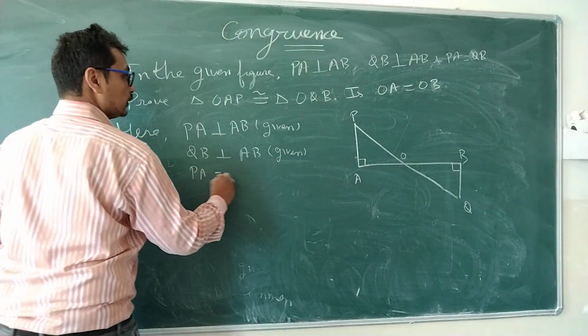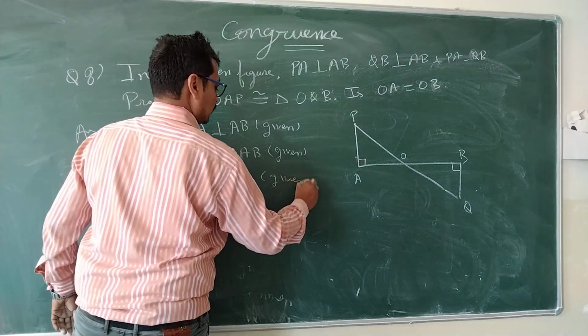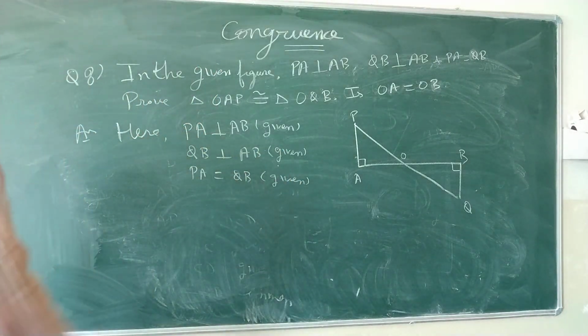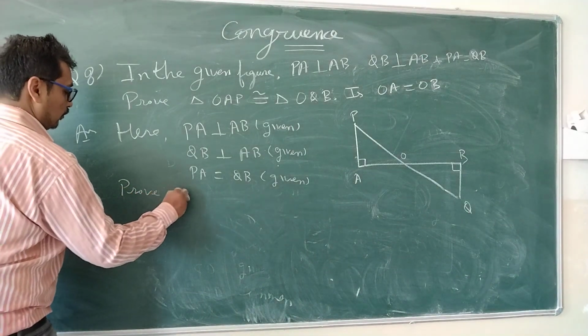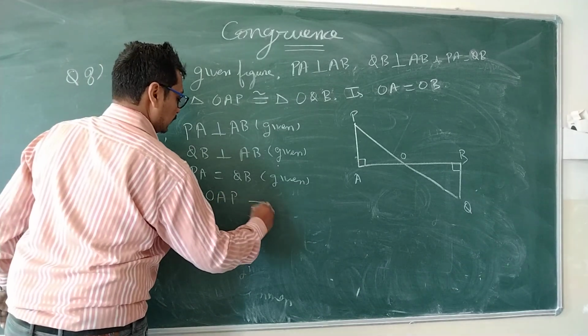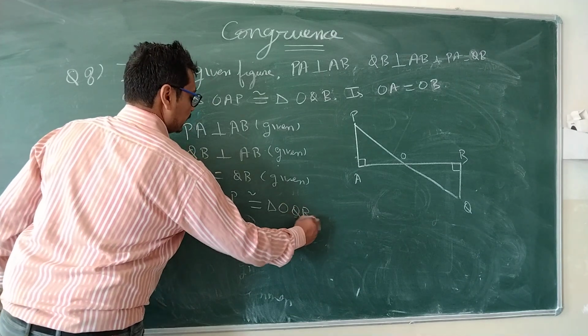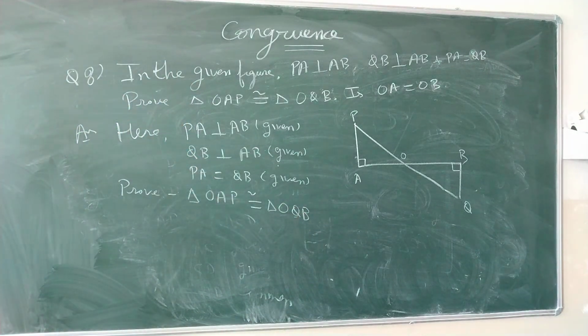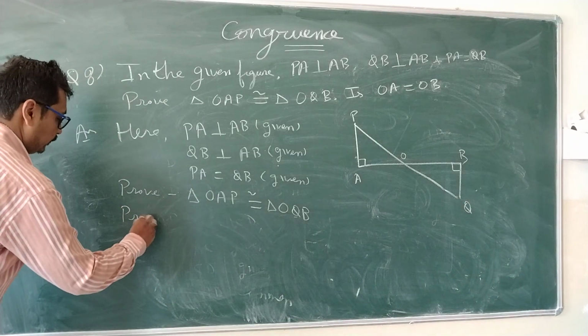PA is equal to QB, this is also given. We have to prove triangle OAP is congruent to triangle OQB. Proof.